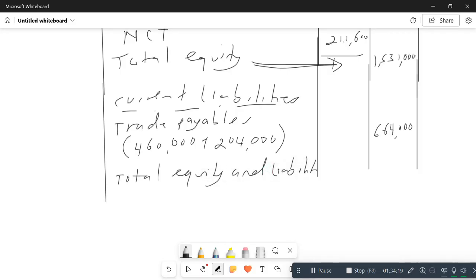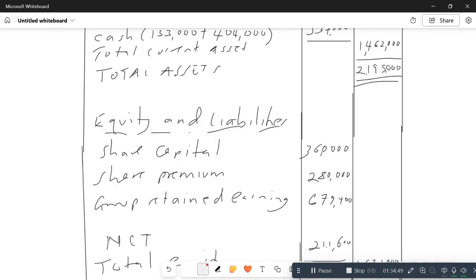To get total equity and liabilities, you add 1,531,000 plus 664,000. We shall get 2,195,000. Good.